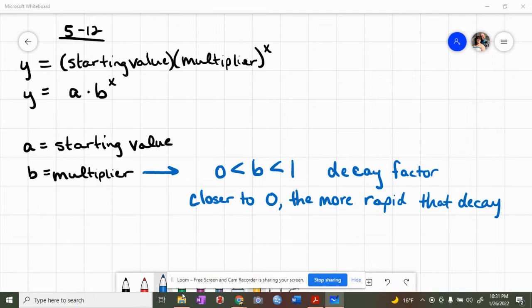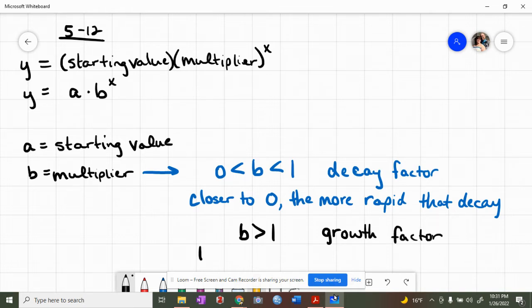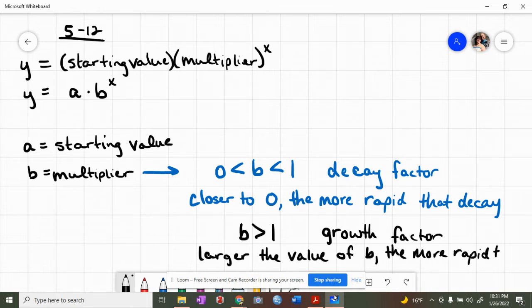Then we are going to look at what happens if B is greater than 1. That is our growth factor. And the larger the value of B, the more rapid the growth.